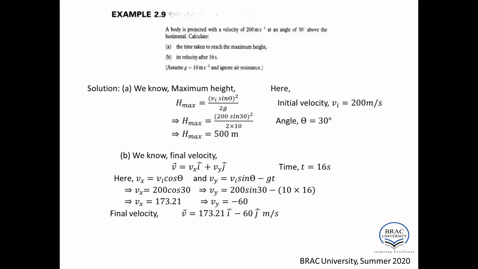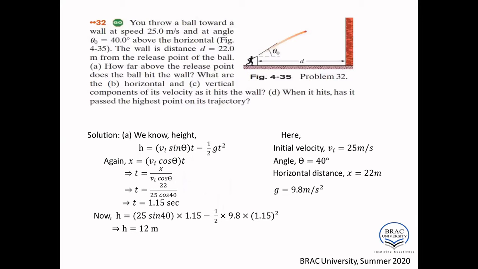Okay. Now next problem. So the figure shows you throw a ball towards a wall at speed 25 meter per second and at angle theta not equal to 40 degree above the horizontal. The wall is distance d equal to 22 meter from the release point of the ball.